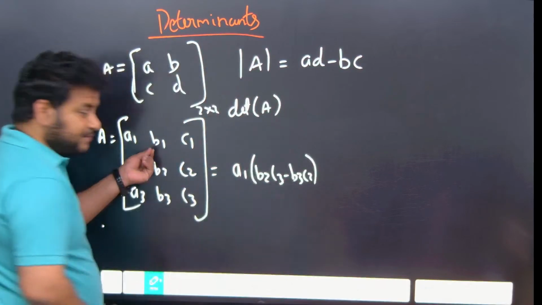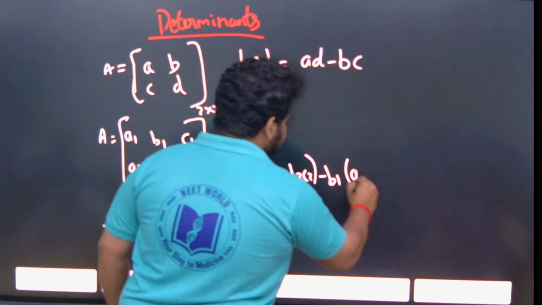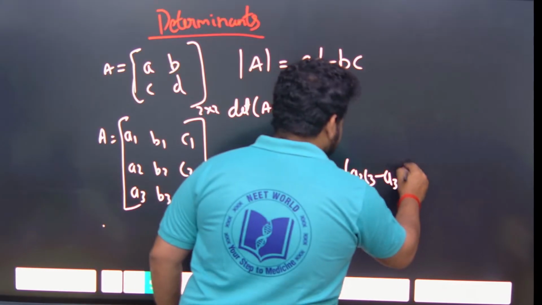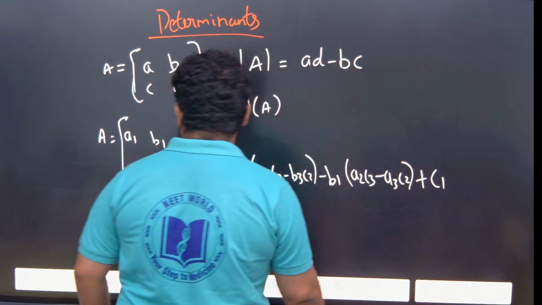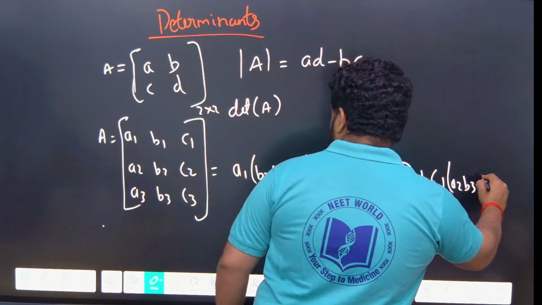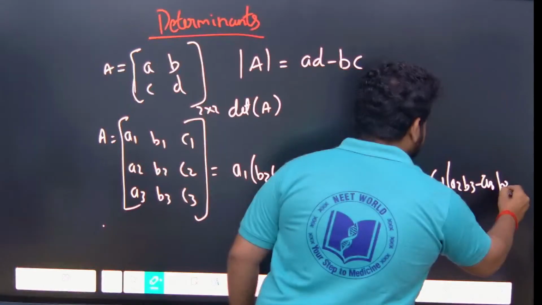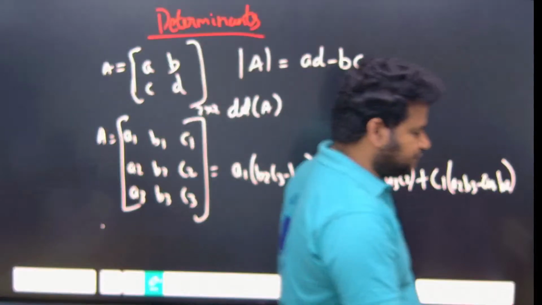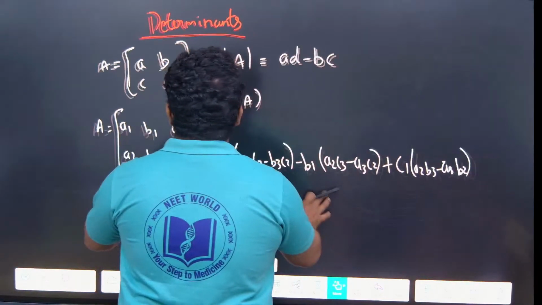Next, while taking B1 you should take a negative sign: minus B1 into (A2 into C3 minus A3 into C2). Then plus C1 into (A2 into B3 minus A3 into B2). This is how you find the determinant of a 3 cross 3 matrix.